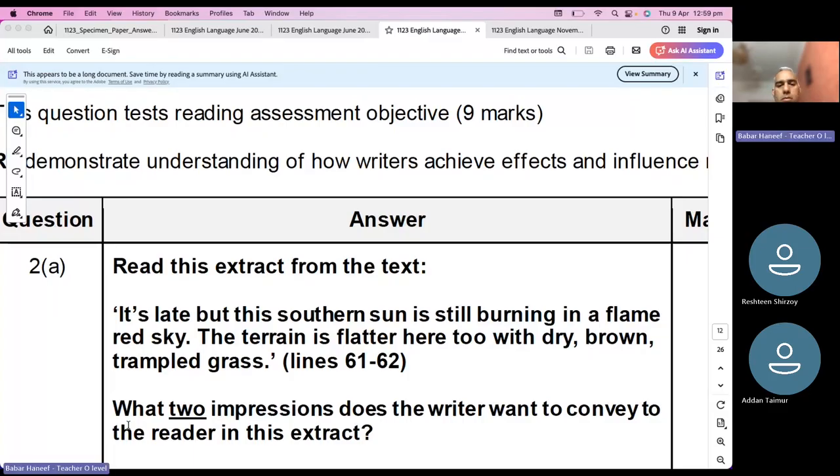Yes, Noor? Noor, are you there? Yes, I'm here. What two images are being built in your mind?